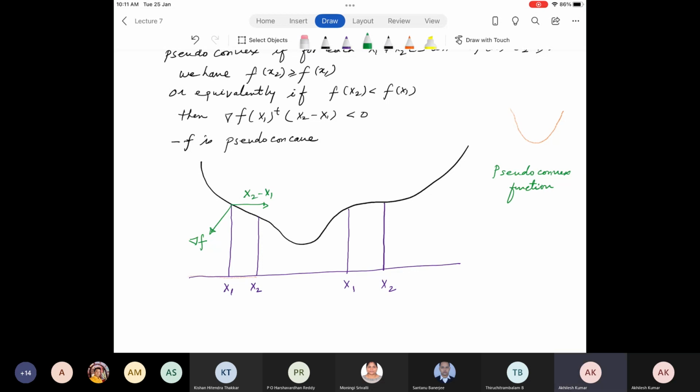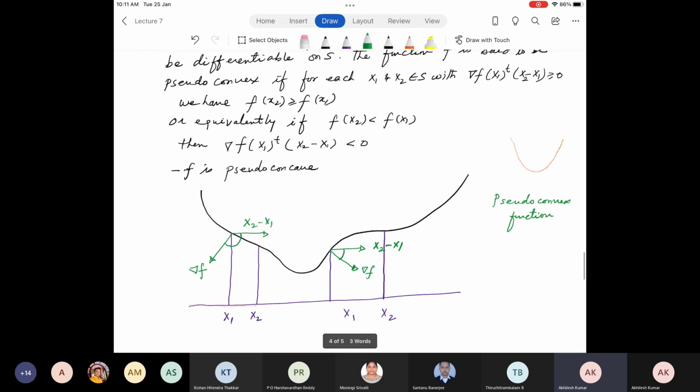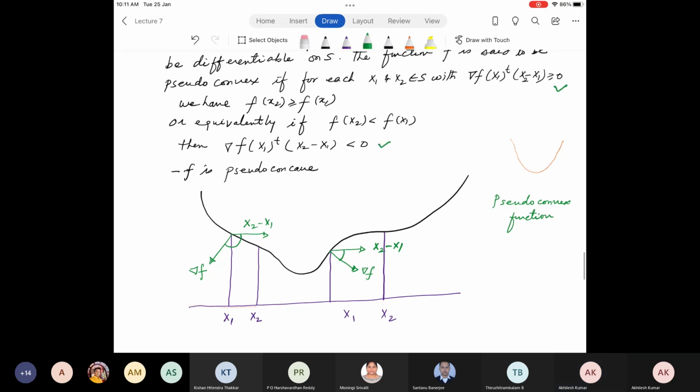So it looks nice, something like this. My del f is in this direction, and the vector in this direction. So you can look at the angle and see whether it is greater than 0 or positive or negative, and these two statements become true. Can you visualize it?